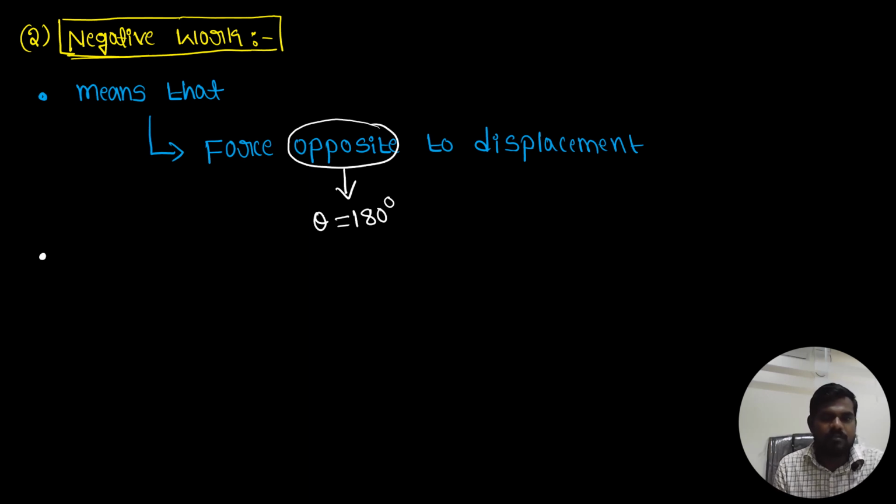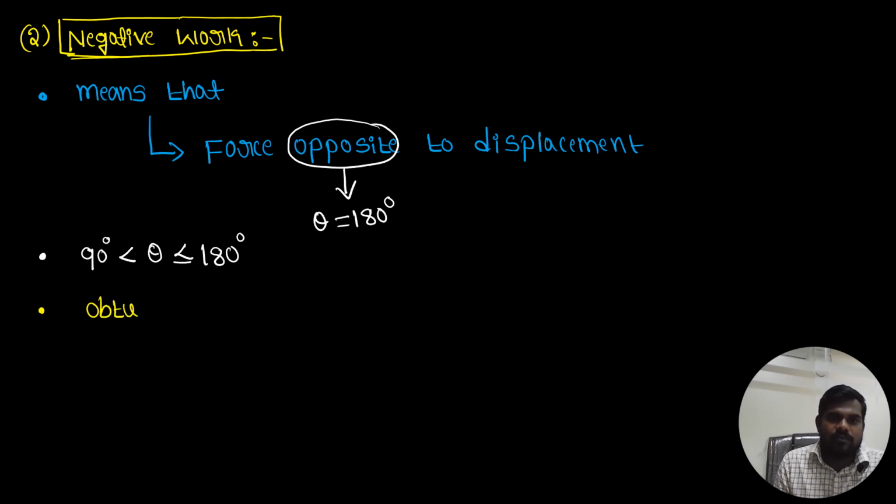Otherwise theta equal to 180 means the work done is negative. Otherwise 90 degrees less than theta less than or equal to 180 degrees, in between 90 degrees and 180 degrees, is what we call an obtuse angle. So this is the meaning of negative work.